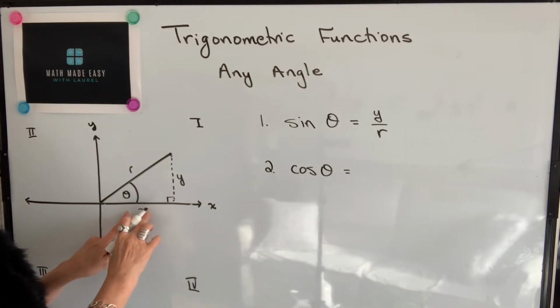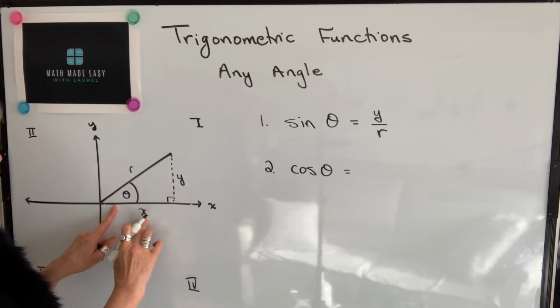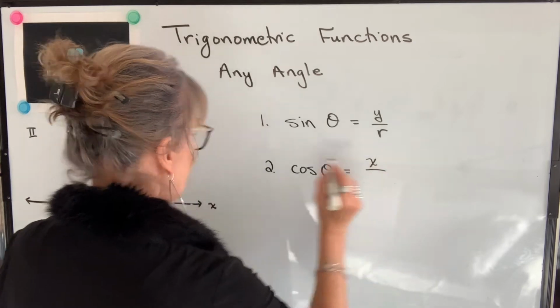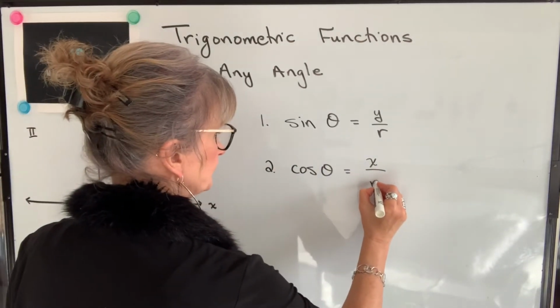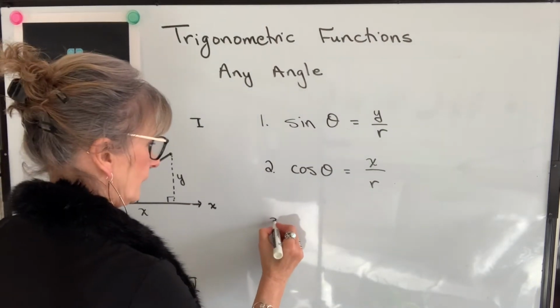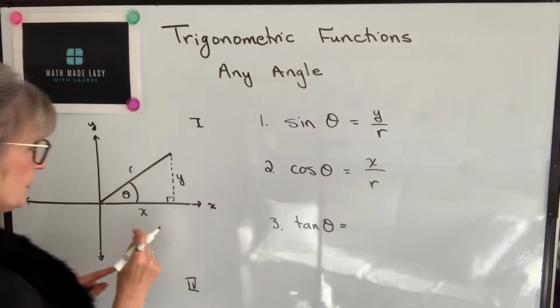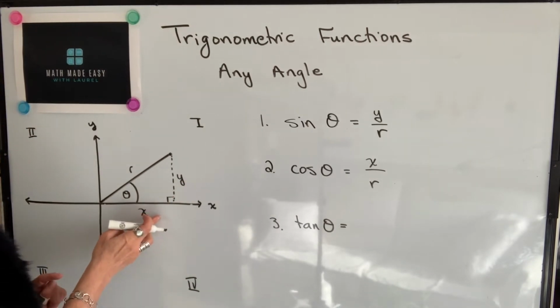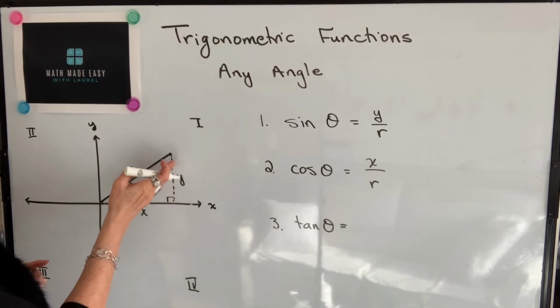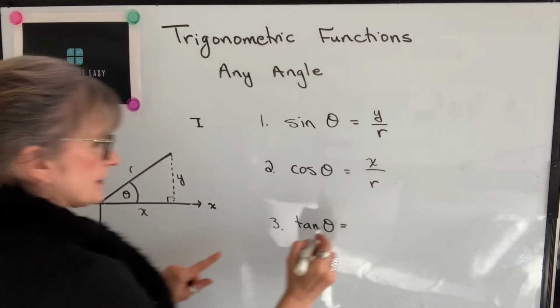So in terms of my coordinate system, the adjacent side would be x, and the hypotenuse is r. Tangent of theta is always defined as the ratio of the opposite side to the adjacent side. So in terms of my Cartesian coordinate system, that would be y over x.